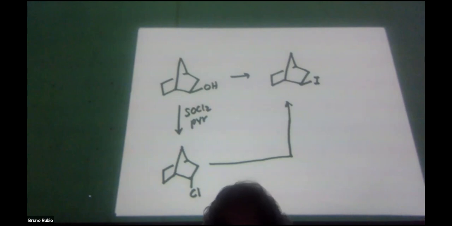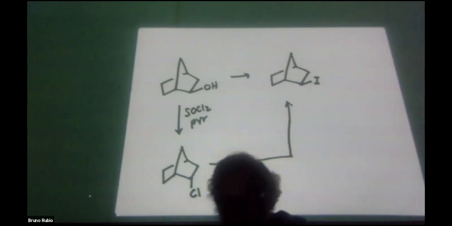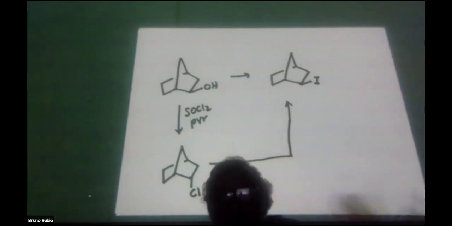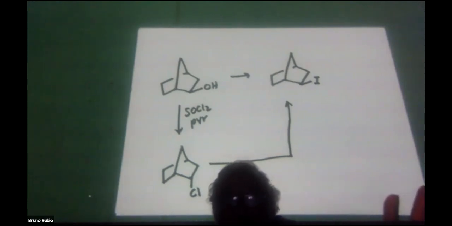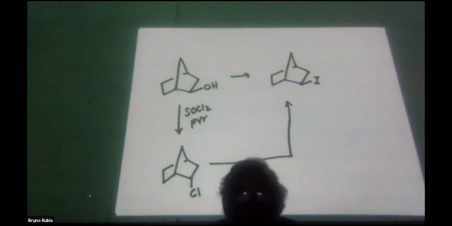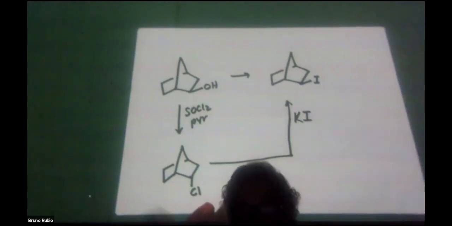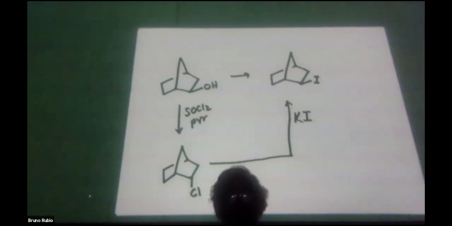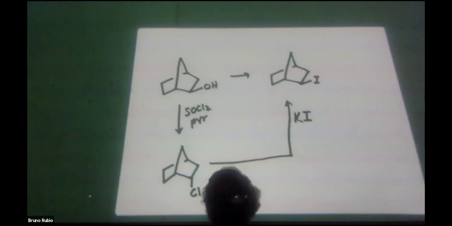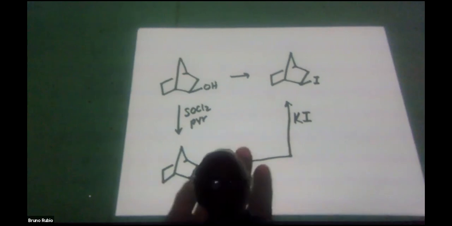Not plain old I, not I2, I minus. But you know, we can't buy a bottle of I minus because every negative charge has to be satisfied by a positive charge. So to make it even more realistic, I'm going to use KI, potassium iodide, or I could use sodium iodide, right? But the important thing here is the I minus.